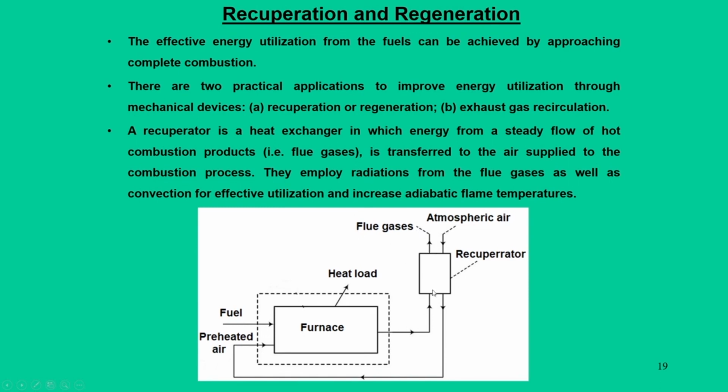To tap that, we can use a heat exchanger, and with this application we call it a recirculator. What it essentially does is tap the heat from the combustion product to preheat the oxidizer, or preheat the air. So, this preheated air enters the furnace. By this process it enhances the adiabatic flame temperature. So, this is one way of effective utilization of energy.